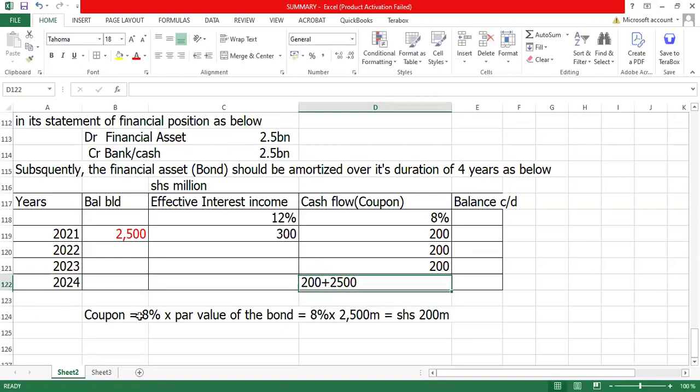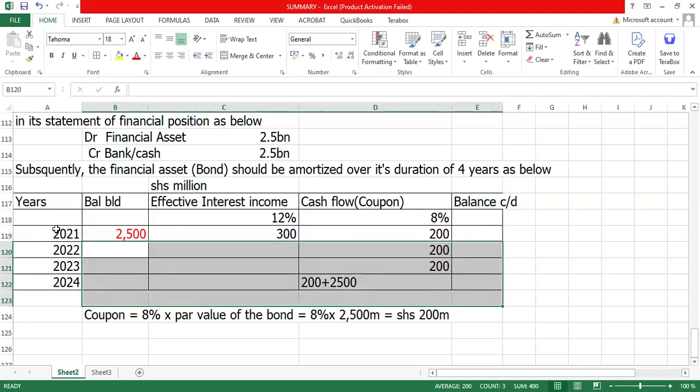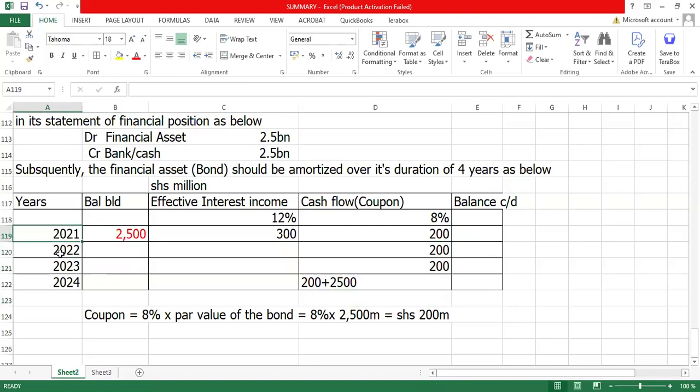That is if you're dealing with this here. But for us, we don't want to waste time doing everything. We are testing for impairment at the end of 2021. I don't need to waste time in an exam doing all this. I just look at only 1 year, then I test for impairment.